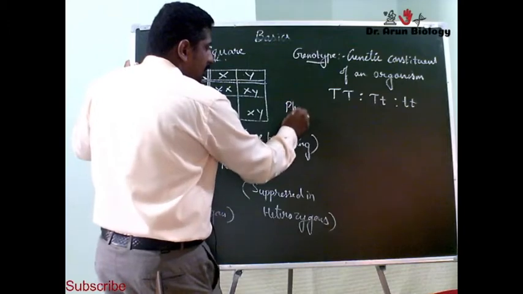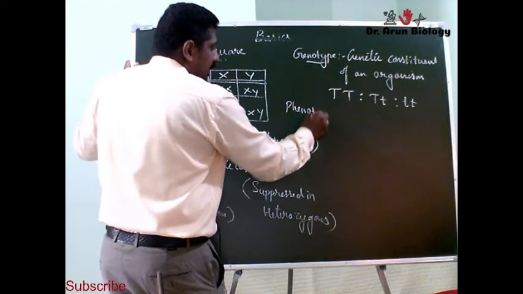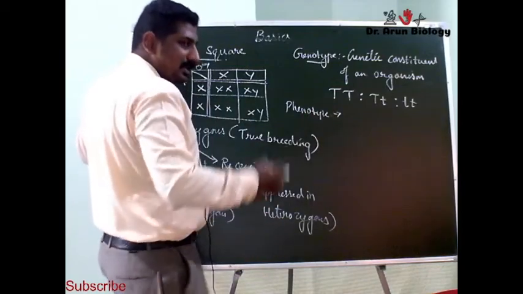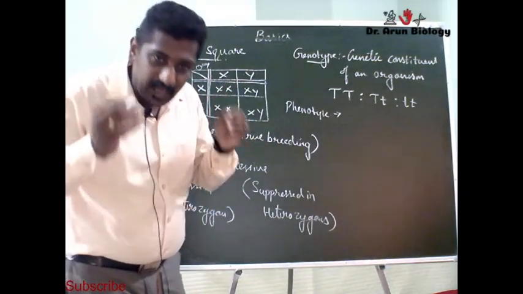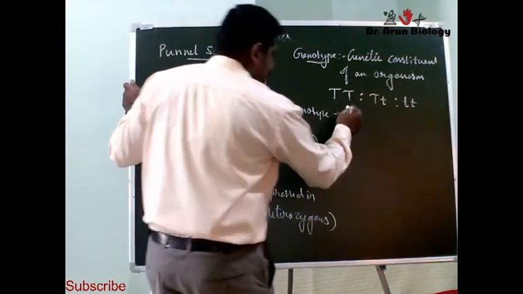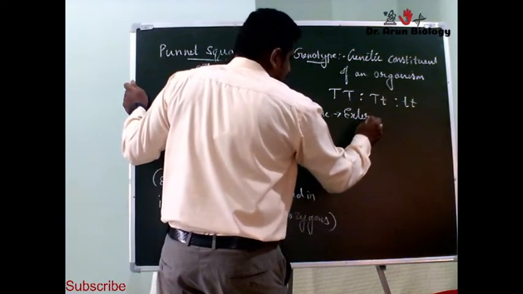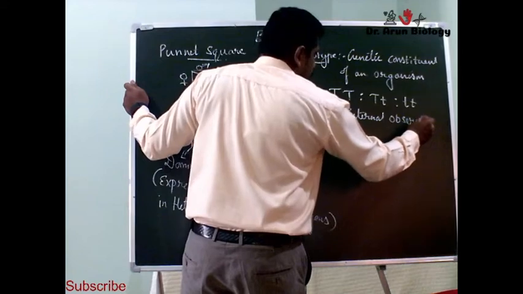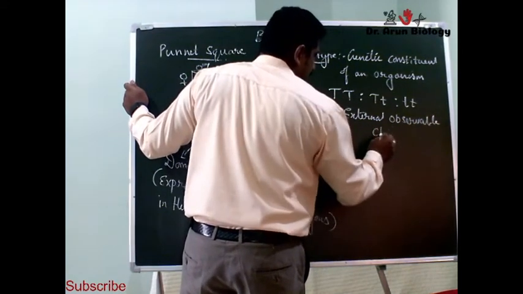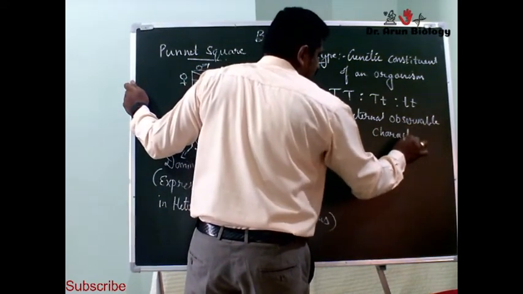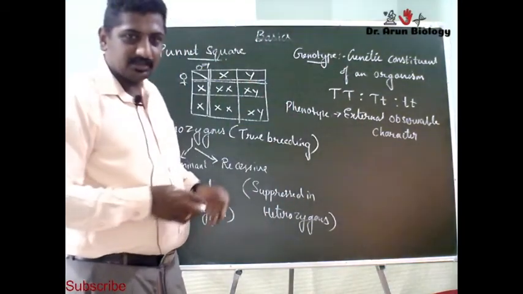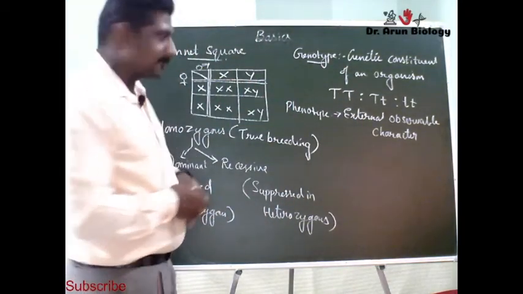For this, we will be putting something called phenotype. What do you mean by phenotype? It is the external observable character. The terms genotype and phenotype were coined by Johannsen.